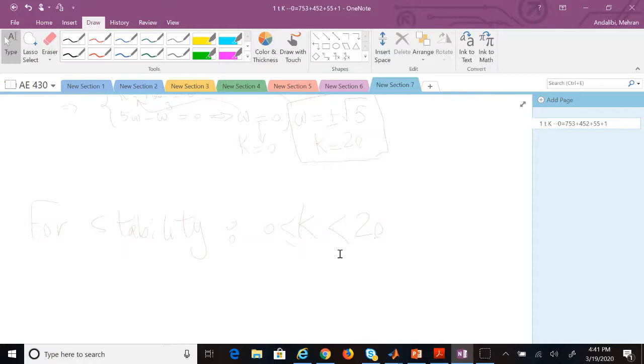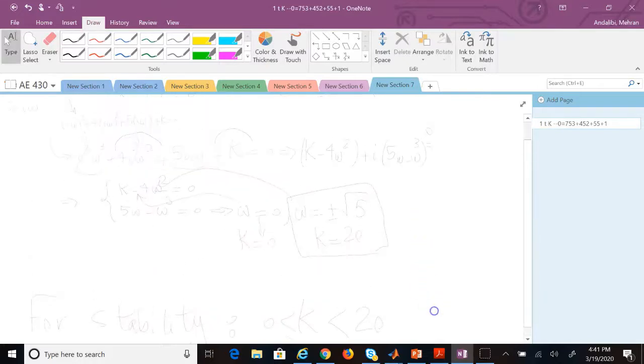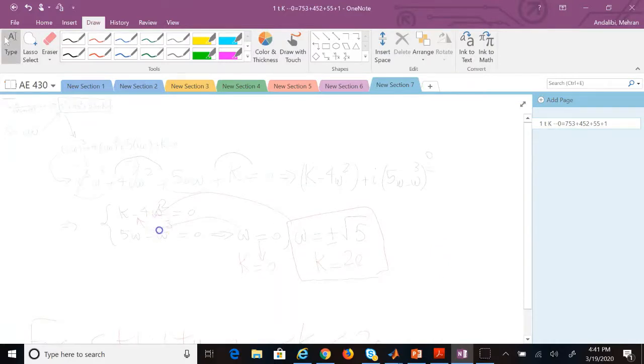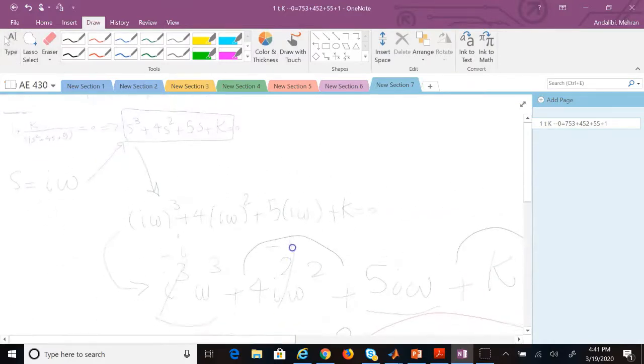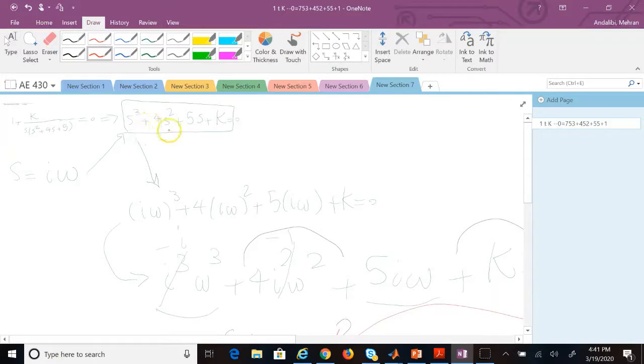Now, could I find this K using the Routh-Hurwitz method? Yes, absolutely. I'll do that for you here just as a practice. So what I would like to focus on is this equation here in green, s cubed plus 4s squared plus 5s plus K, and I'll show you that using the Routh-Hurwitz method, I should get the same criteria, K less than 20, although I don't need it here, but just as a practice.